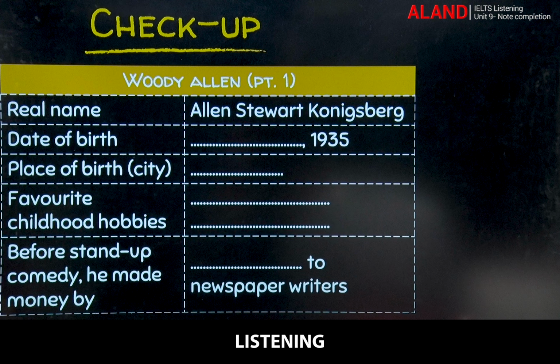One of the leading scriptwriters, stand-up comedians and filmmakers of his era, Woody Allen was born in Allen Stewart, Königsberg on 1st of December 1935. Born and brought up in Brooklyn in New York, he loved reading comic books and watching movies, and he proved to be a natural writer. At school, he was noted for his extraordinarily high IQ, but school is said to have held little interest for him.